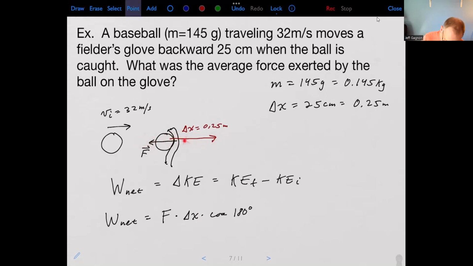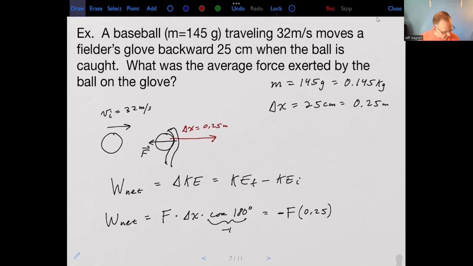So that angle between them is 180 degrees. And remember, cosine of 180 is equal to -1. So that's why I'm saying that the glove, the hand, is going to do negative work on the ball to slow it down. So if I plug in, I'm just going to have F, the displacement is 0.25, and then -1. Okay, so that's the net work done.